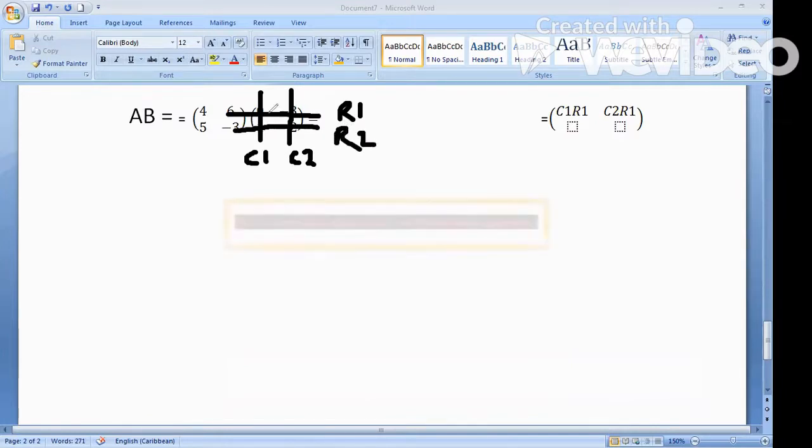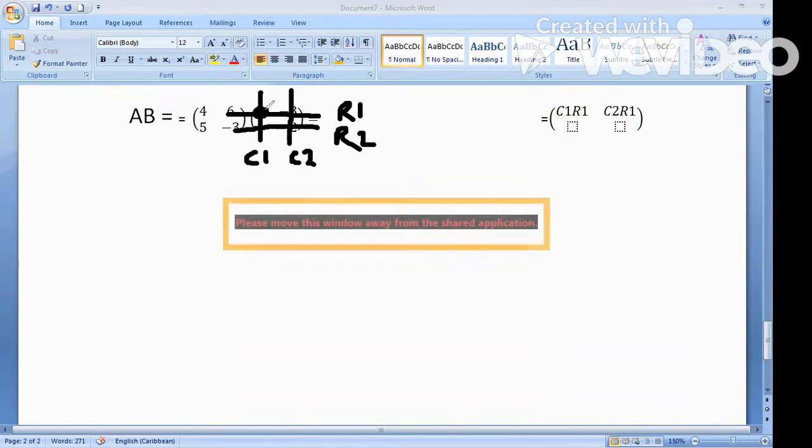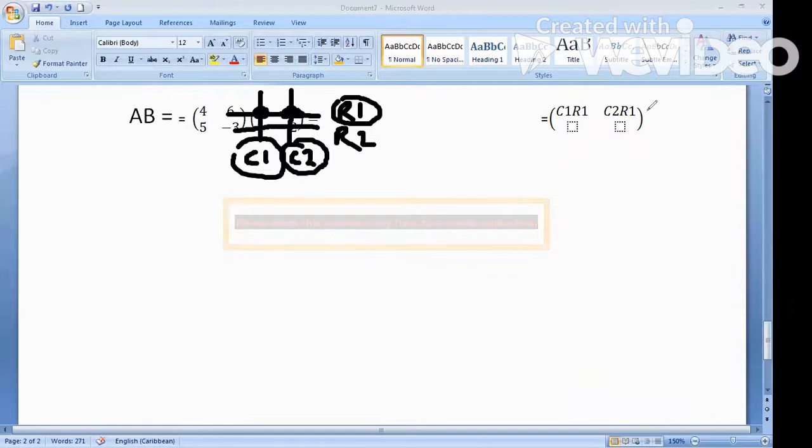So I'm asking you, the element that's right here is called column 1 and row 1. And this element right here would have been column 2 and row 1. It wouldn't be row 2 because you're still in the same row.